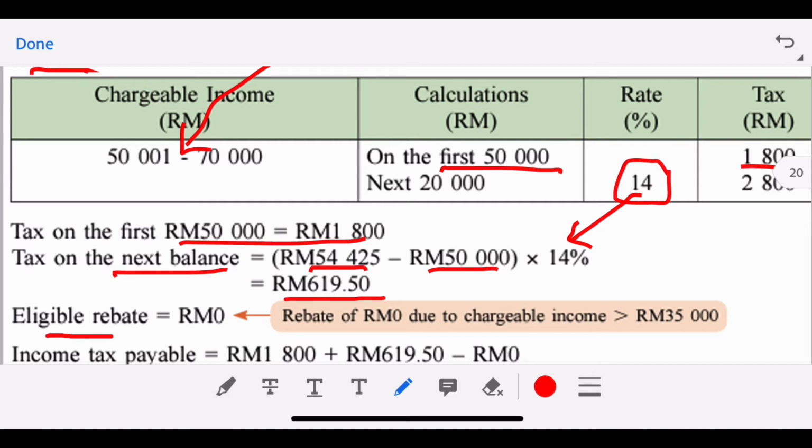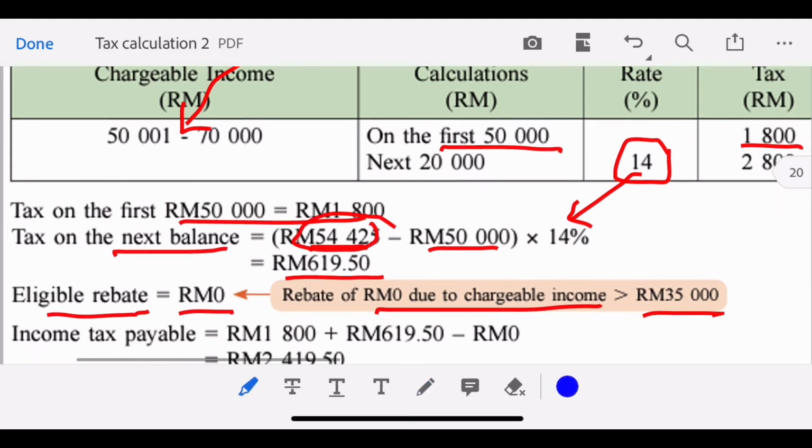So eligible rebate, there is no rebate for Mr. Lim. Rebate of 0 ringgit due to chargeable income is more than 35,000. Because chargeable income for Mr. Lim is 54,425, which is actually more than 35,000.